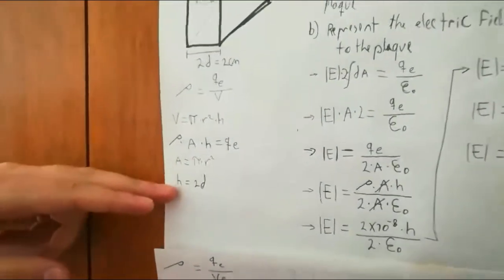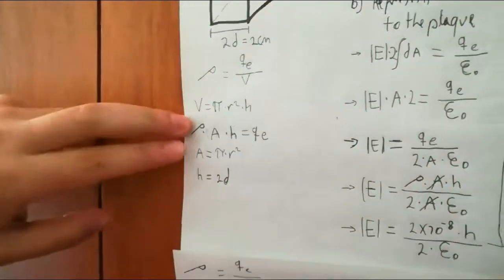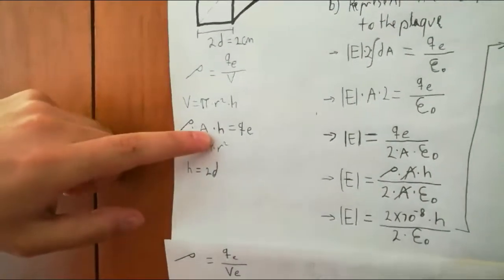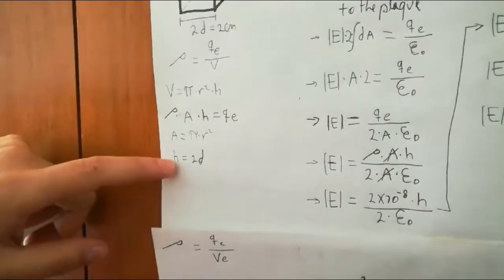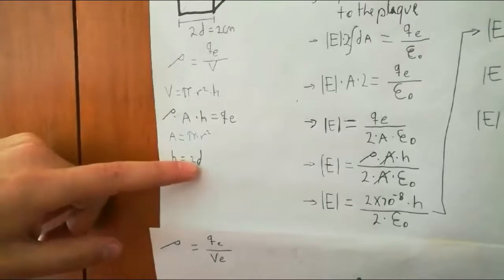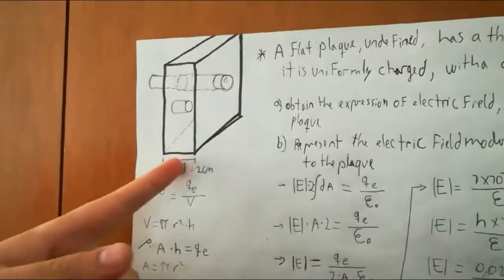After doing this, we get that Q_E is rho multiplied by A and multiplied by H. Also, we got that H is equal to 2d. That is this length over here.